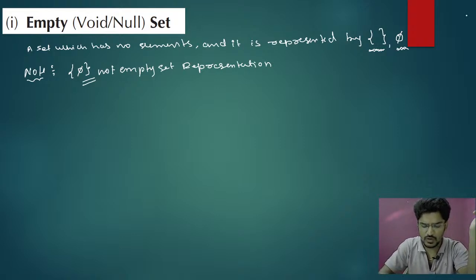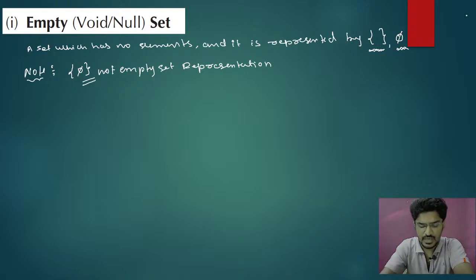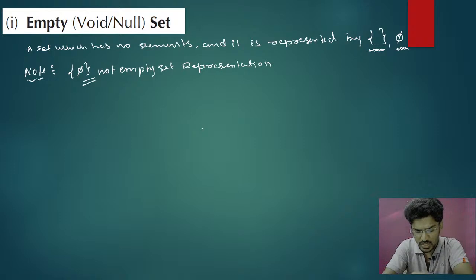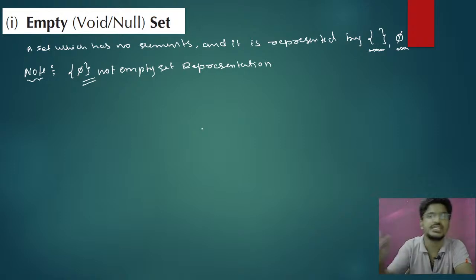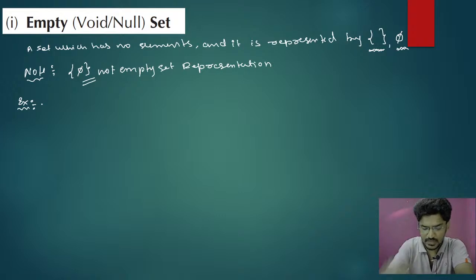Now I want examples for the empty set. Everyone knows what an empty set is, but only a few know how to write the definition when it is given. How many of you can give me an example of an empty set? Quickly tell me.